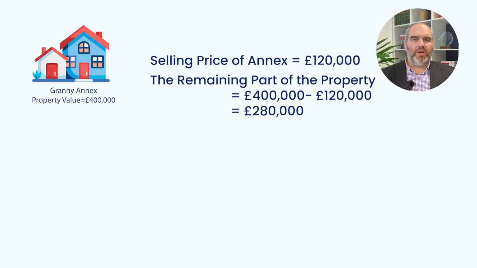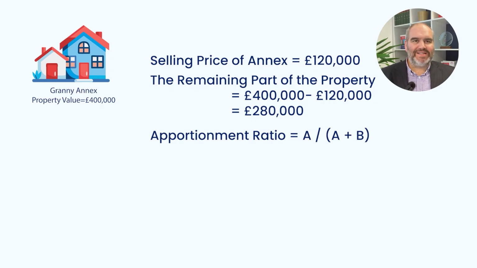The remaining part of the property which Edward retains is valued at £280,000. To apportion the original expenditure, we calculate an apportionment ratio using the following formula.